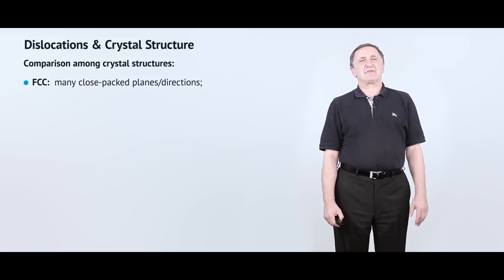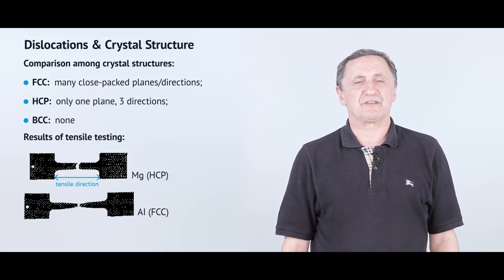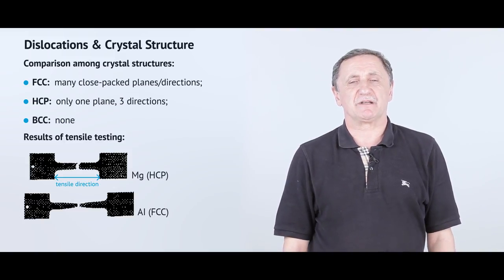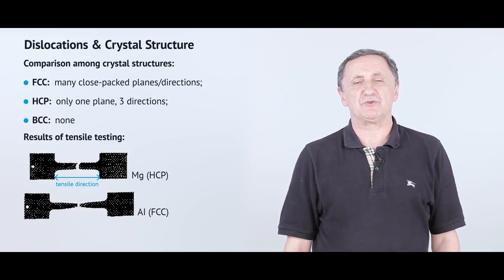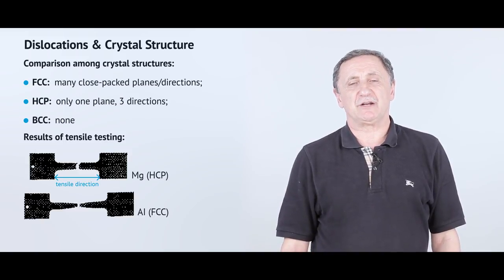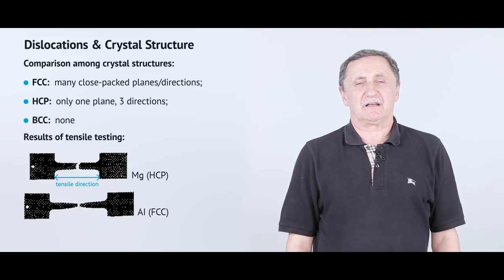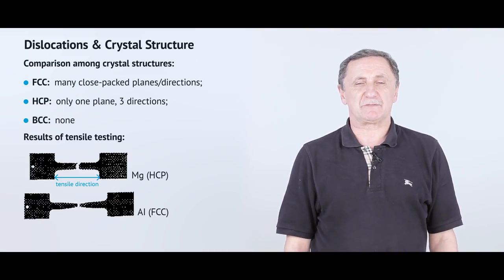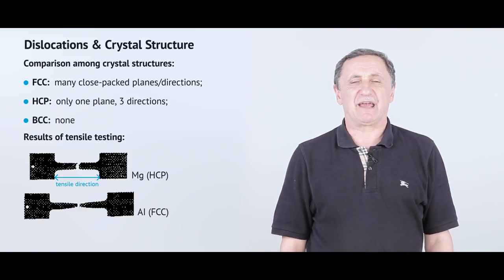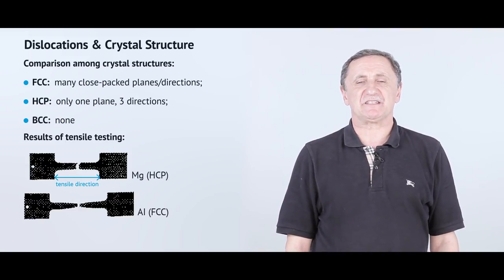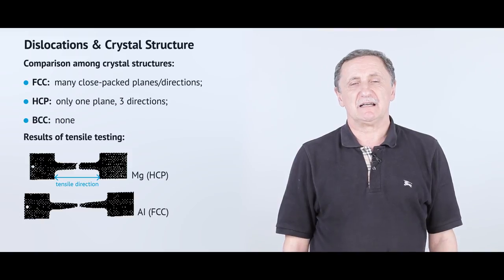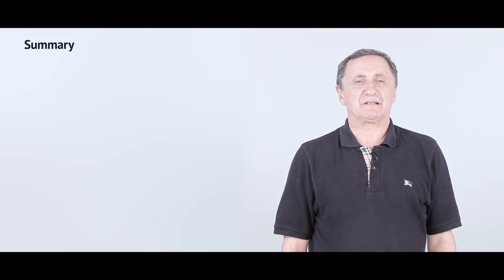So the next screen shows the comparison of the results of the tensile strength experiment, which was made on magnesium and aluminum. Just a reminder, magnesium has the HCP structure. That's why we have to expect a much more brittle type of behavior, while aluminum has the FCC structure, and we have to expect high ductility. And of course, the results shown on this slide nicely demonstrate this statement.